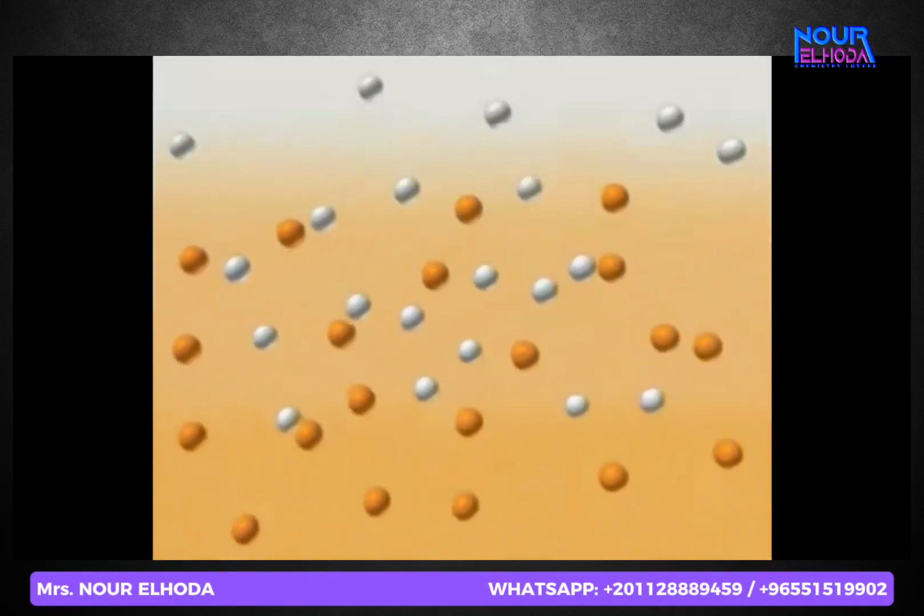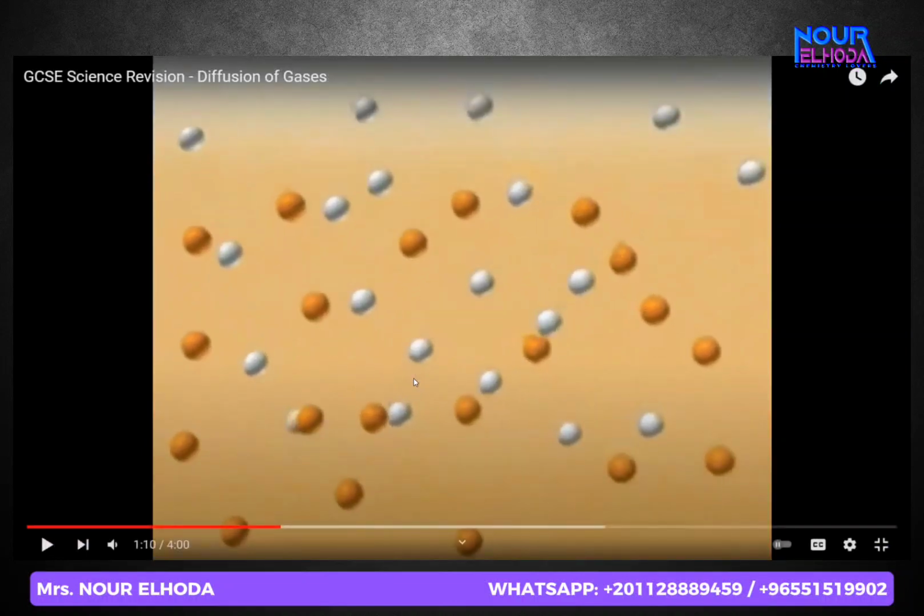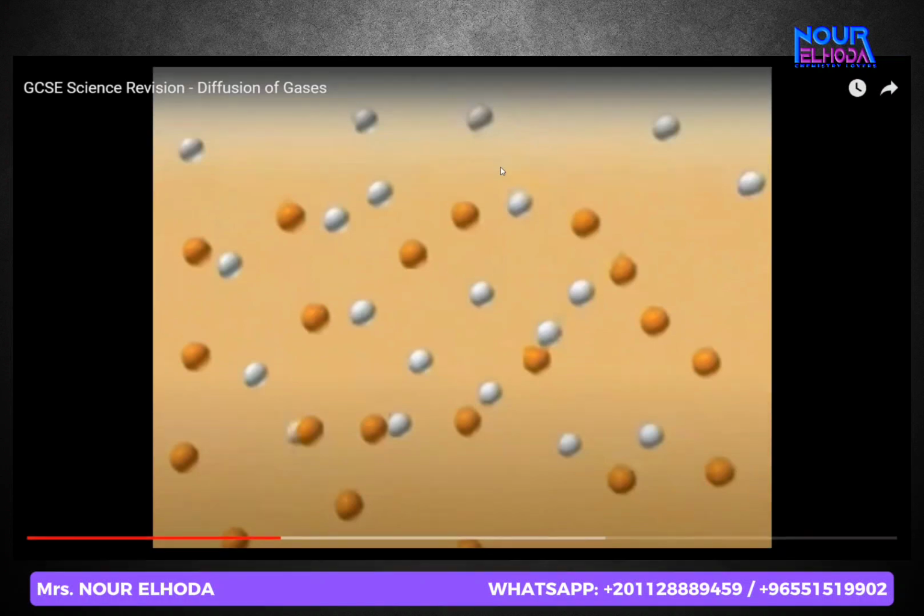After the glass lid was removed, the bromine gas diffused into the area of lower concentration. Exactly. So both of them, but when I ask you about observation, can I say what's happening? You're going to say, what did you see? So my observation is going to be what? The yellow gas filling the whole containers.